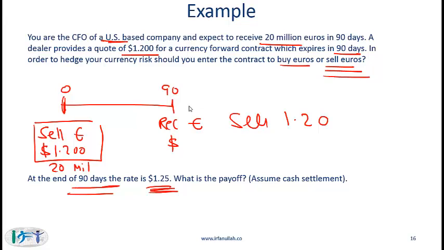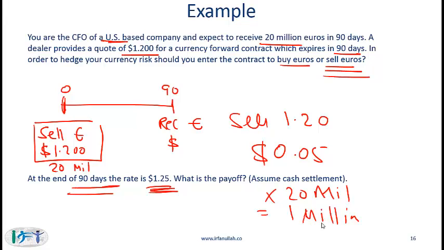So on a per euro basis, you are losing $0.05. The total loss would be 0.05 into 20 million, which is 1 million. This is the amount of money that you lose because of the contract that you got into.